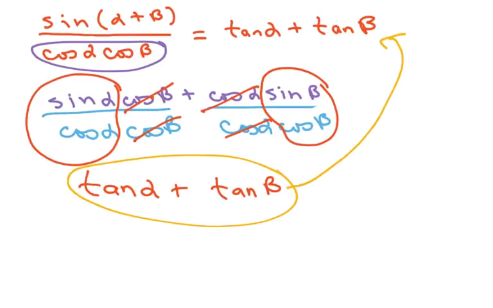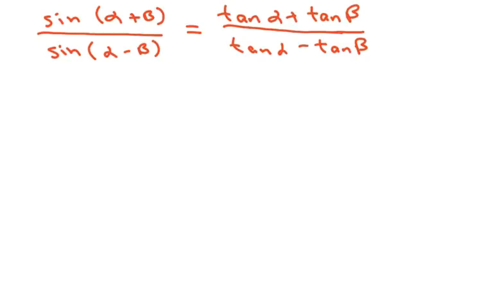And it matches. And so there you go. And the last one's a little more complicated. So what we're going to have to do is also do the numerator and the denominator and then clean it up. So basically my numerator is going to be sine of alpha cosine of beta plus cosine of alpha sine of beta.